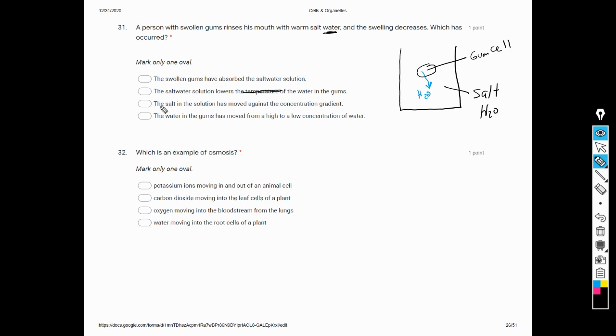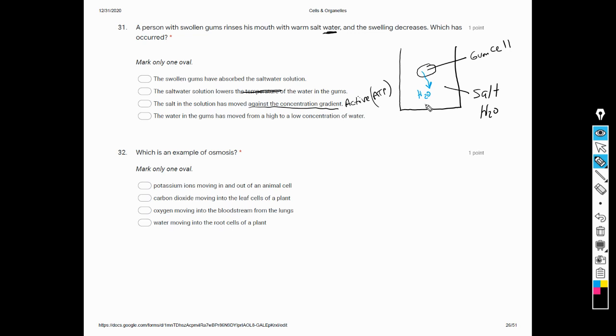The next answer choice says the salt in the solution has moved against the concentration gradient. If it's against, that refers to the type of transport we learned about known as active transport, and active transport requires energy in the form of ATP.